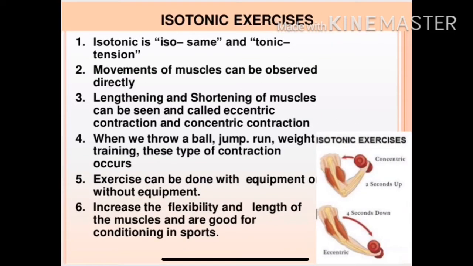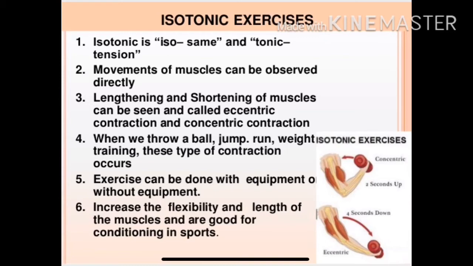The second exercise for improving strength is isotonic. Iso means same and tonic means tension. Movements of muscle can be observed directly. Lengthening and shortening of muscle can be seen and are called eccentric contraction and concentric contraction.